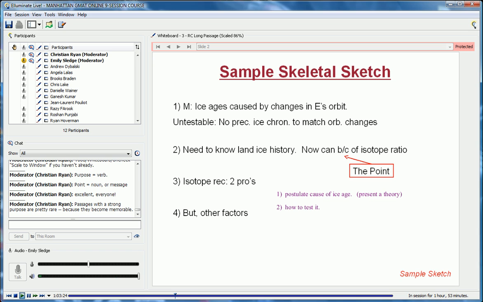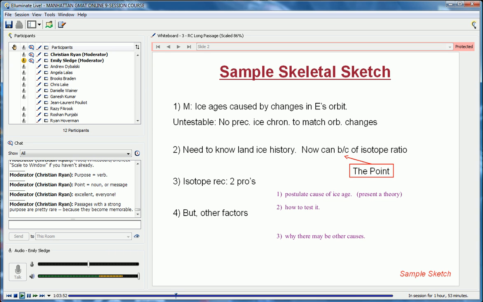Paragraph 2, or a new way to test it. Then he said, why other causes? Why there may be other causes. And I'm going to insert one more in here because there is a third paragraph that follows the second one, but they're very closely related in meaning.